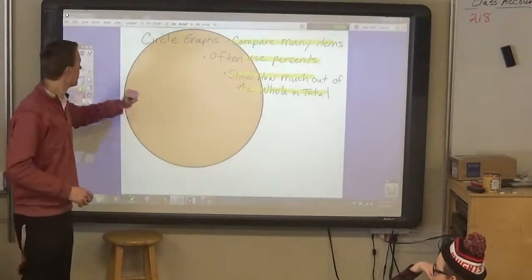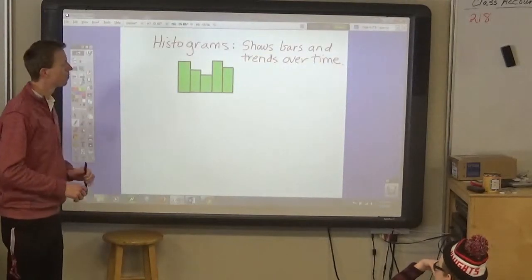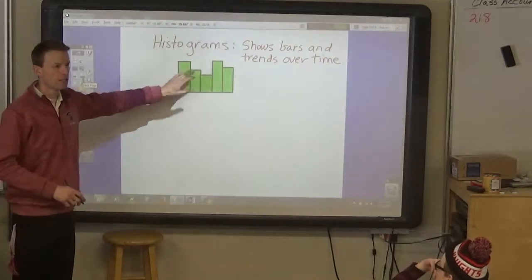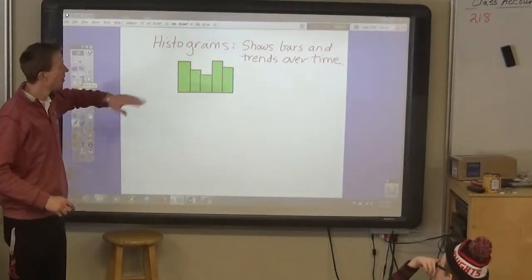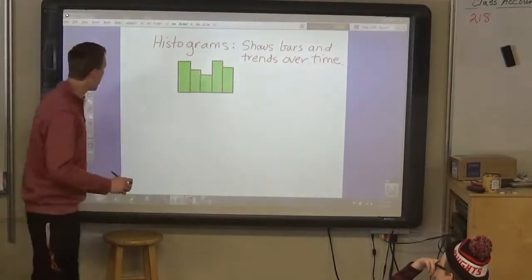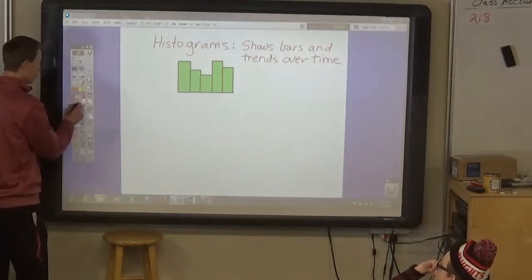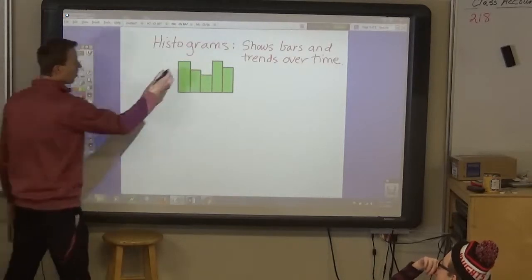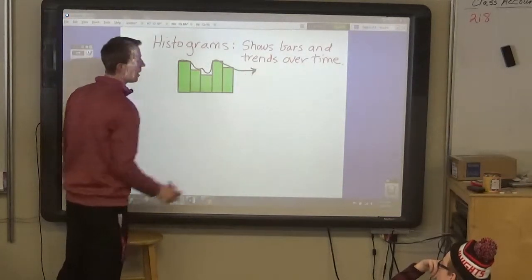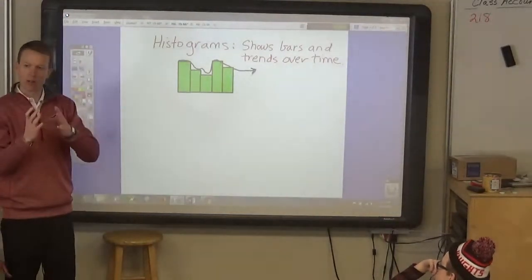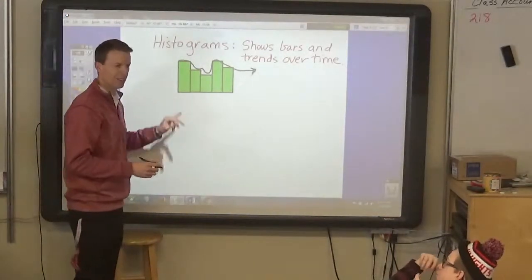Okay? And then finally the last one. We'll talk more about this in the next lesson, but a histogram is a bar graph, but it's also a way to show a trend as well. So it's kind of like combining a bar graph with a what?